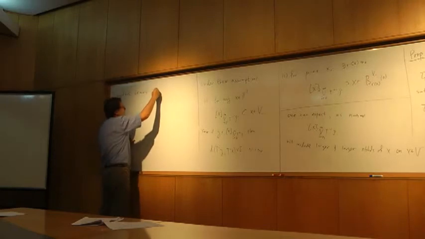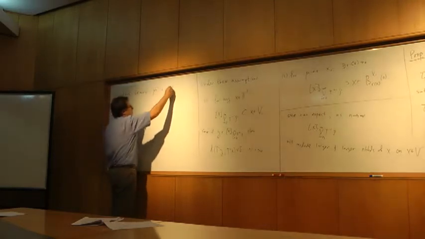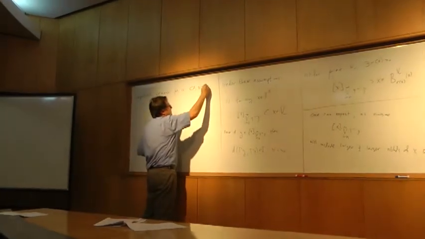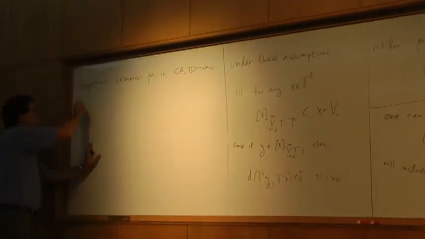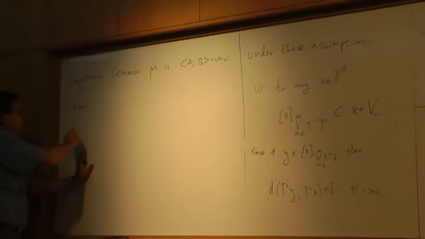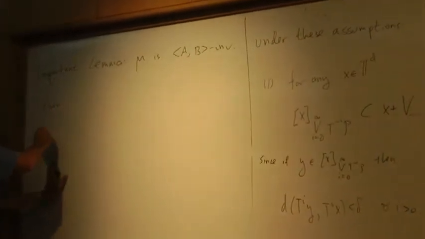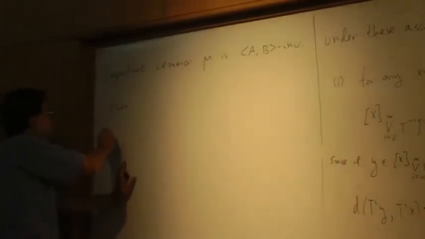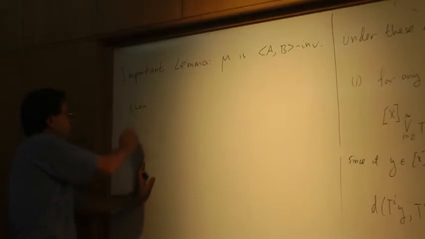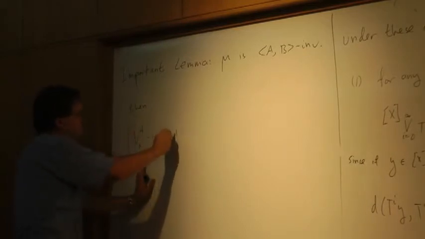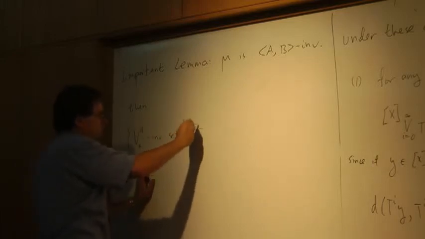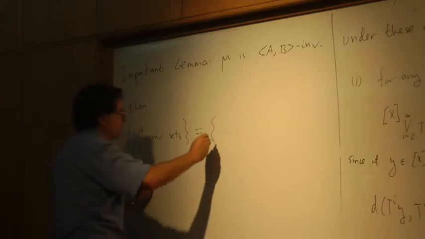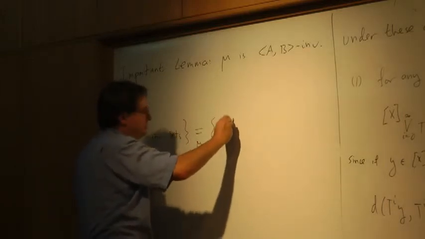If mu is AB invariant, then mod null sets, the sigma algebra of V plus A invariant Borel sets is up to sets of measure 0 the same as the V minus A invariant sets.